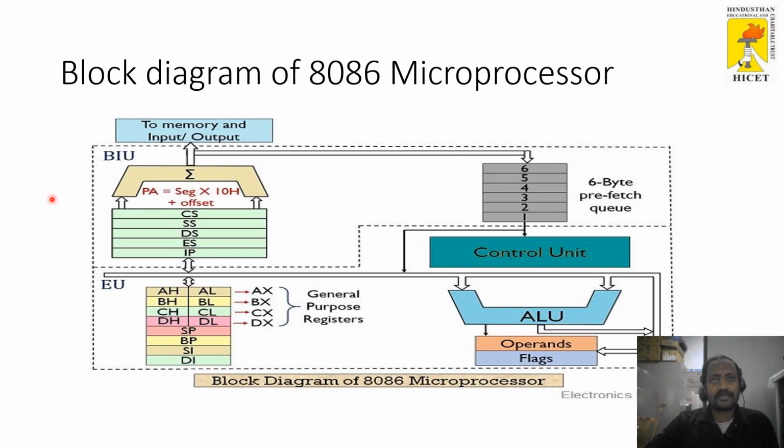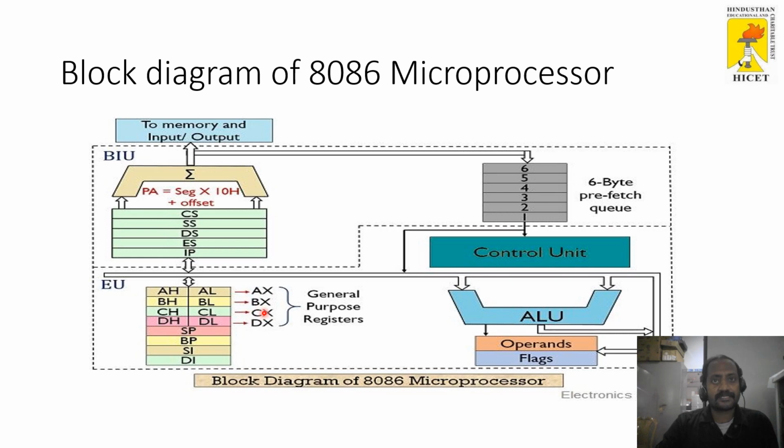Regarding the general purpose registers, as shown here, these are AX, BX, CX and DX. AX, also known as the accumulator register, is used to store operands for arithmetic operations. BX is used as a base register, to store the starting base address of the memory area within the data segment.